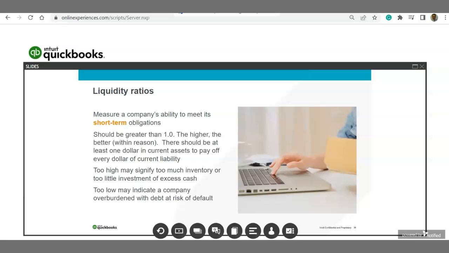If the liquidity ratio is too low, it indicates that a company is overburdened with debt and at risk of defaulting.